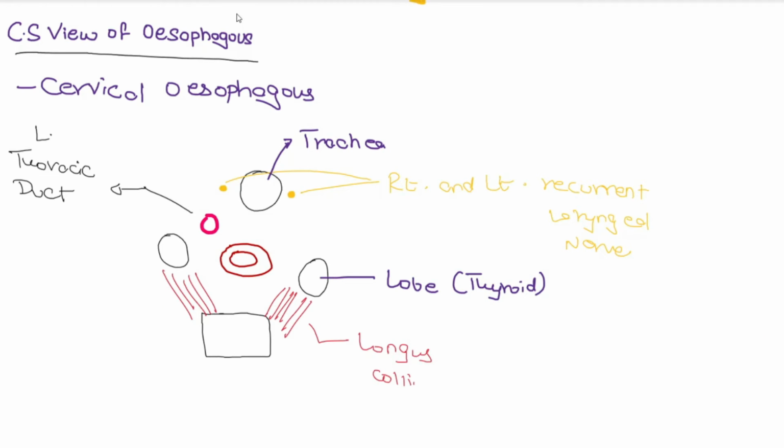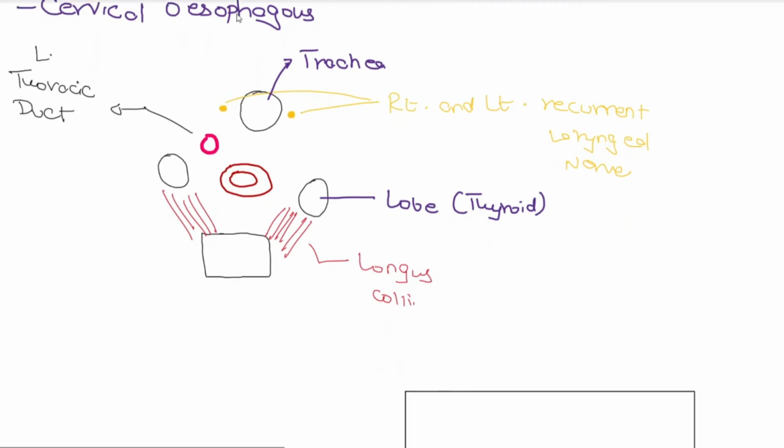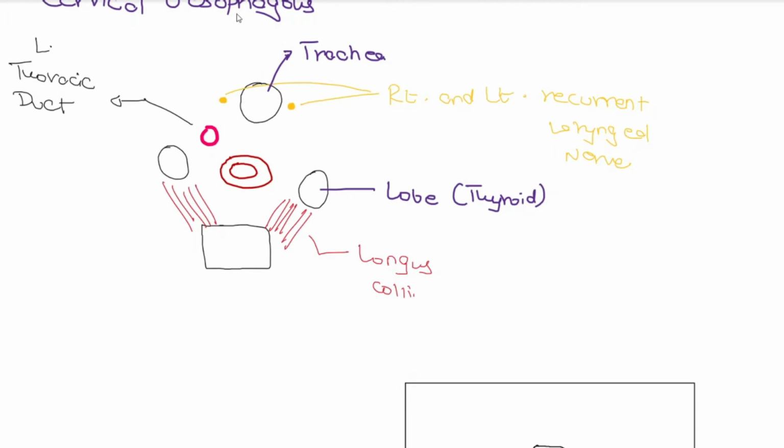Now let us take a look at the cross-sectional view of the esophagus. The cross-sectional view of the esophagus at the cervical level has anteriorly the presence of the trachea and the right and left recurrent laryngeal nerves. So these are the structures which are present anterior to the esophagus. Then on the left hand side of the esophagus we have the presence of the thoracic duct.